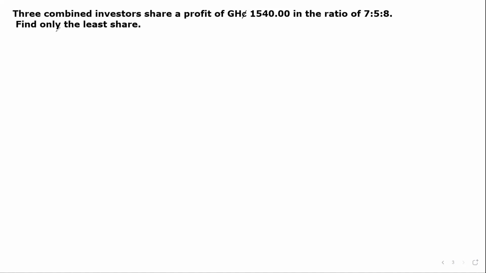Find only the least share. Which means that the three businessmen are to share a profit of 1,540 in an agreed ratio of 7:5:8. The question asks you to find the smaller share of the profits.